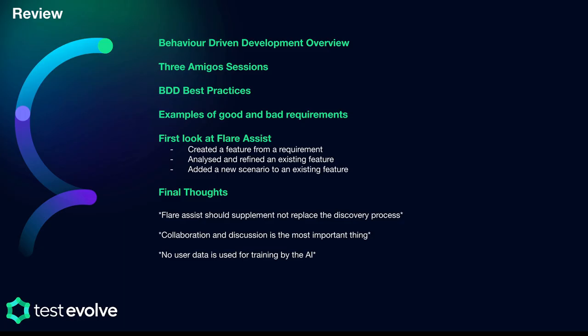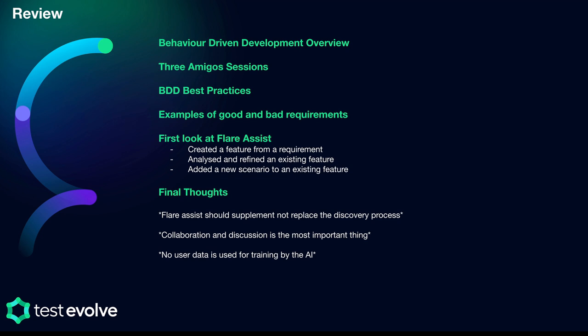And this can be used to retrospectively create BDD scenarios for a regression pack. It's obviously not the ideal situation. Behavior-driven development should drive the development. It shouldn't be a retrospective thing, but understand, if you've got an existing site, maybe a manual regression pack that you're automating, this can be very useful to create BDD scenarios quickly.